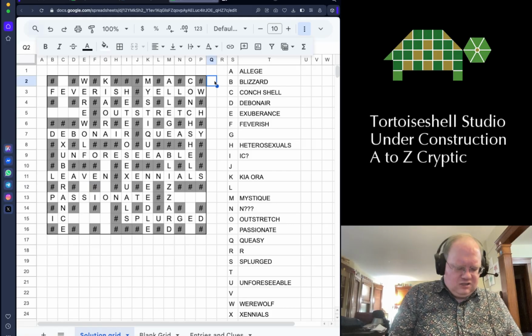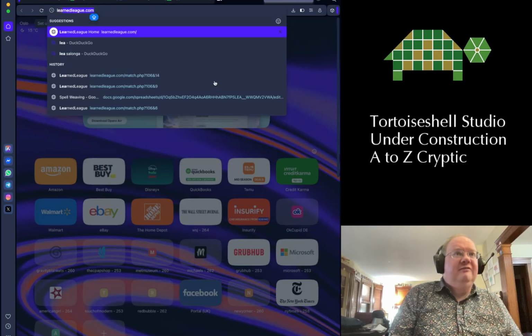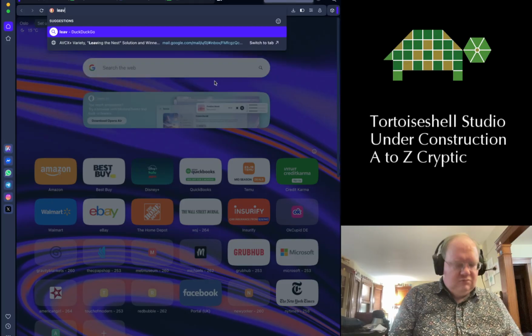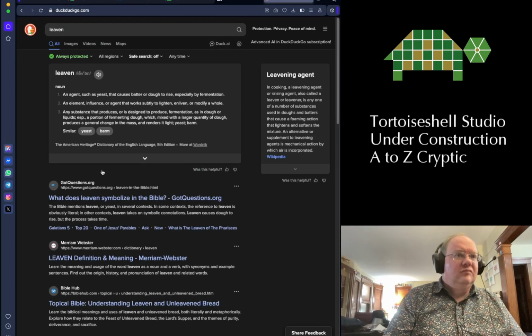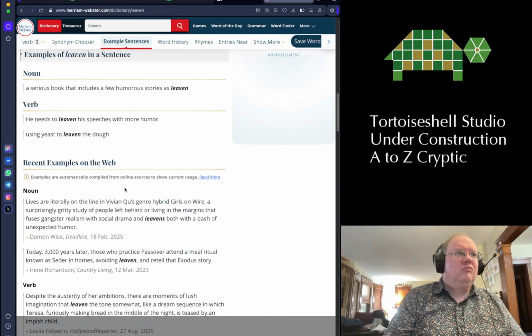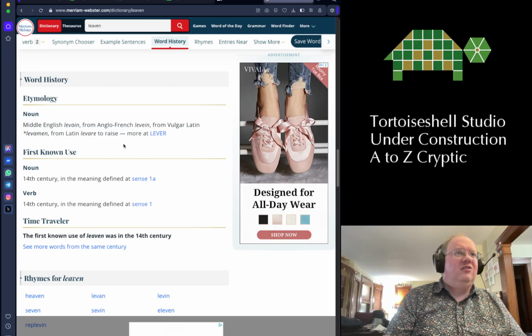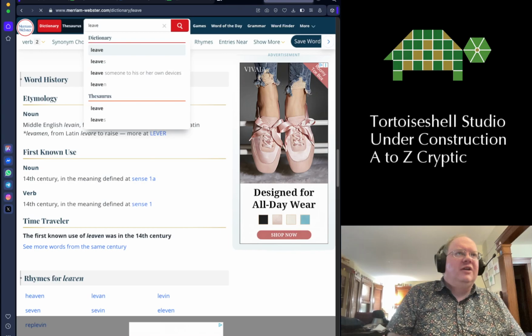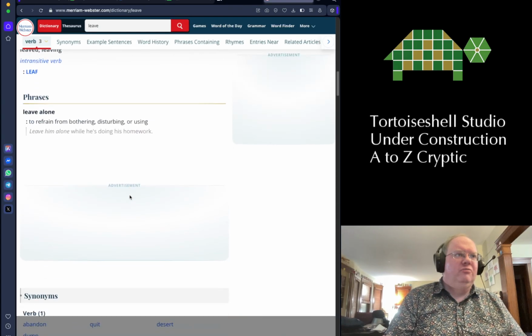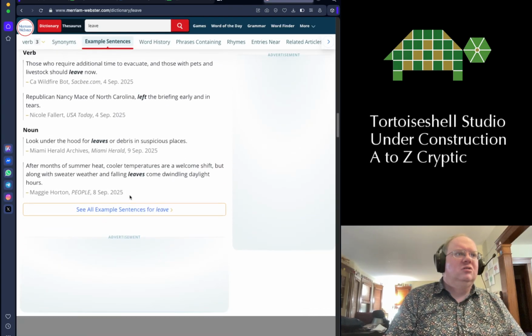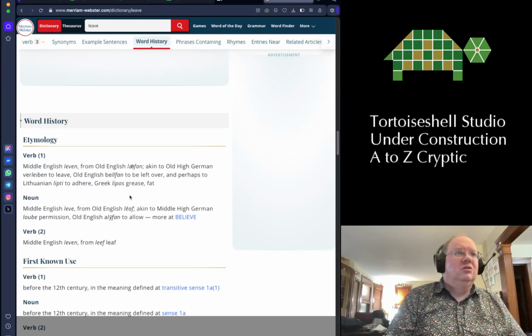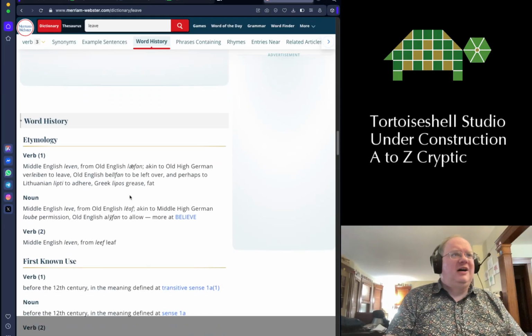Does the etymology of 11 include leave? Raise. Okay, that makes sense. And then leave is probably more Germanic. Possibly from fat.